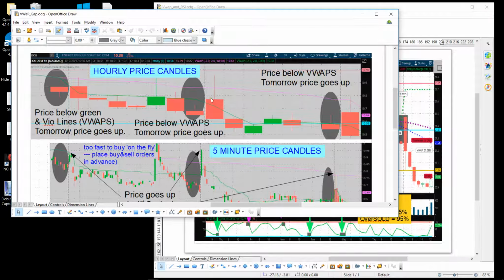Lastly, I want to talk to you about VWAP. VWAP stands for volume weighted average price. And volume is very important. Lots and lots of stock traders will talk about volume on YouTube, so it's key. Volume by definition is how many shares are either selling or buying.